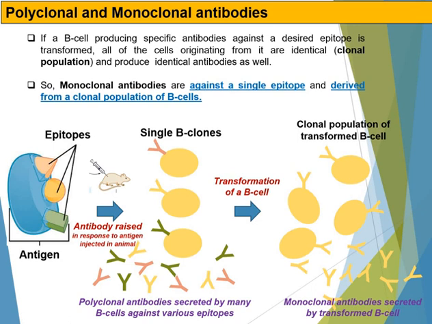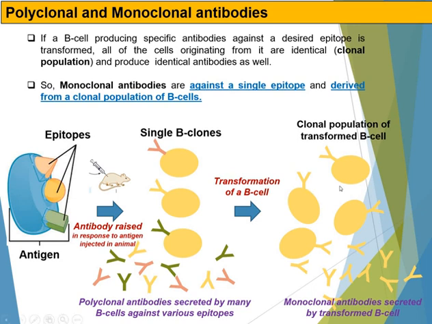But think of if any of the B cells producing these antibodies, suppose this B cell, the central one, becomes transformed. Transformed means getting cancerous, right? So what will happen?